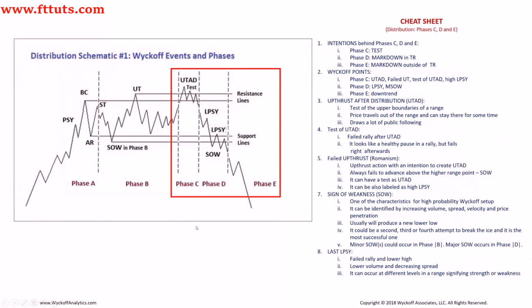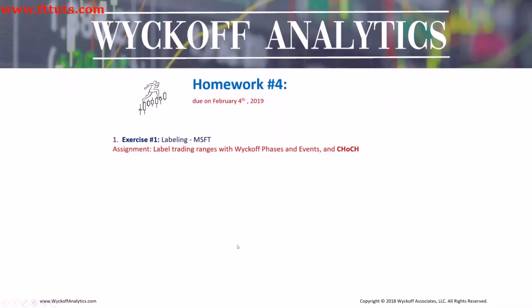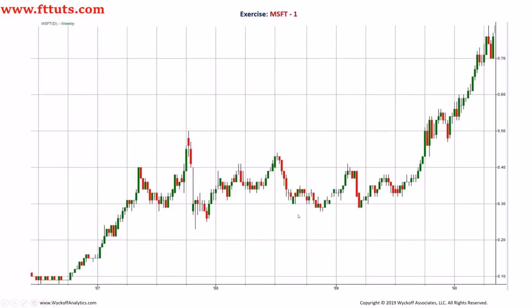Then phase C, D, and E, and then your homework for next time. Your homework is still going to be on labeling. We're going to label Microsoft, and it's the same assignment. I want you to label the trading ranges with Wyckoff phases, events, and change of character. Let's quickly look at this. You could notice that I don't have the volume signature on all of these slides.